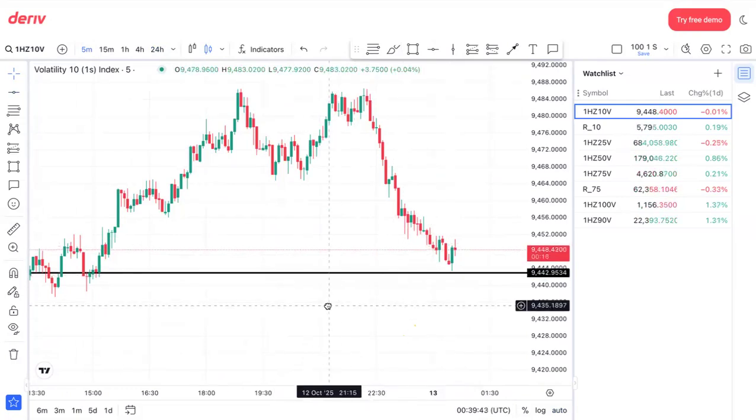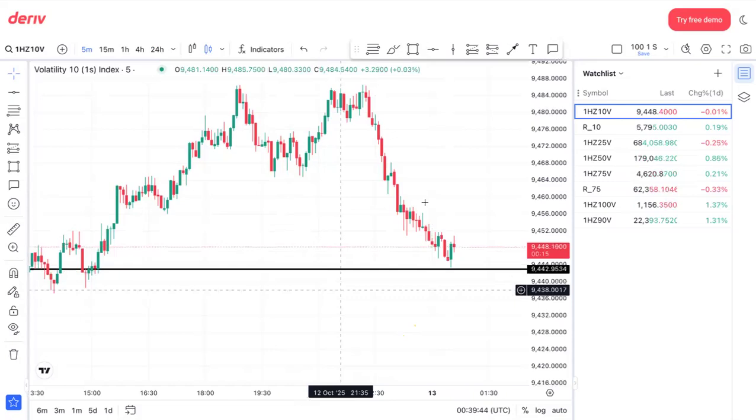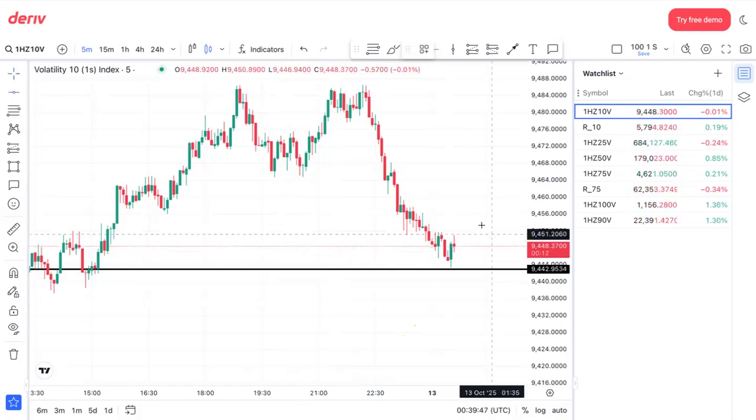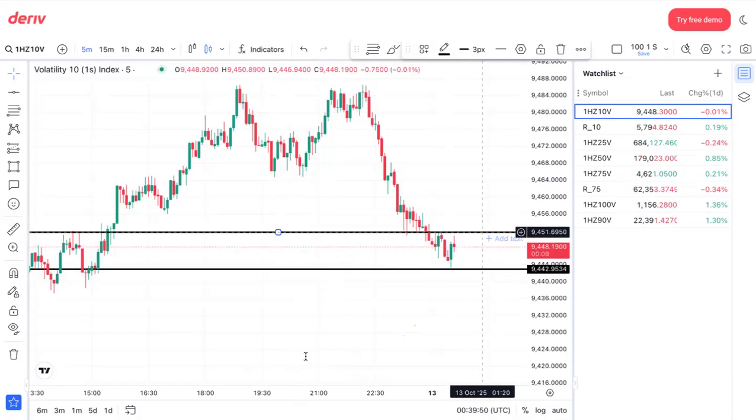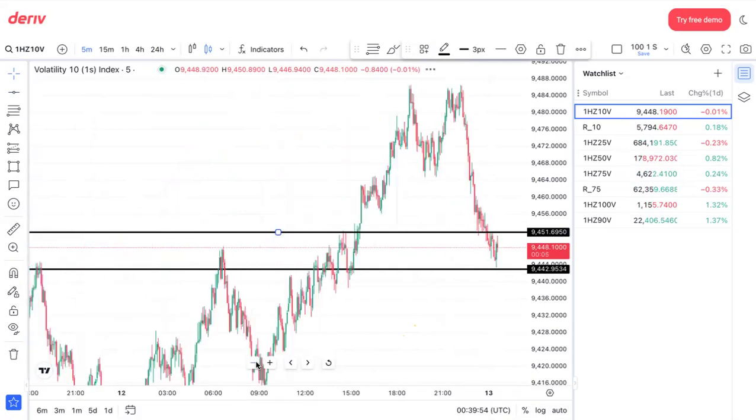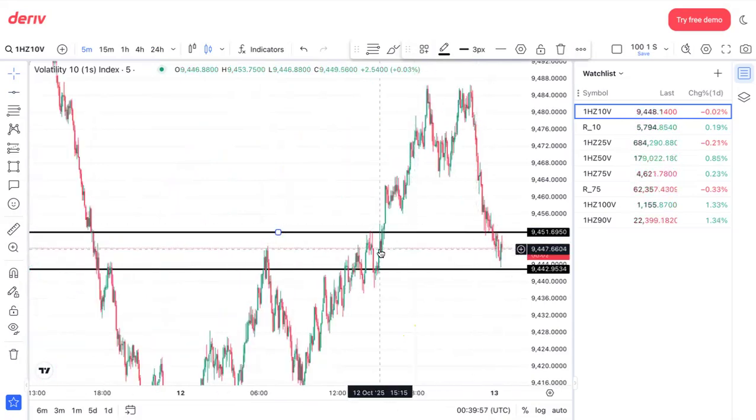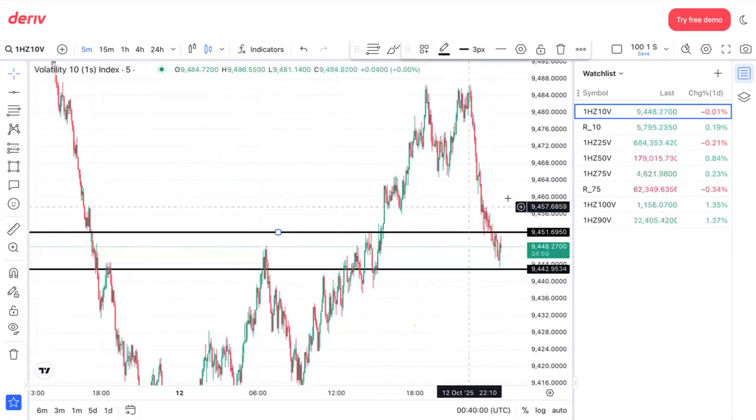Now for this, I would wait for it to set up properly before I get in for the buy. So I would wait for a break and close out of this area. When you look over to your left right here, remember the left is telling you what's happening in the market. The left is the past, you understand, the right is the future. There's nothing happening on the right now.